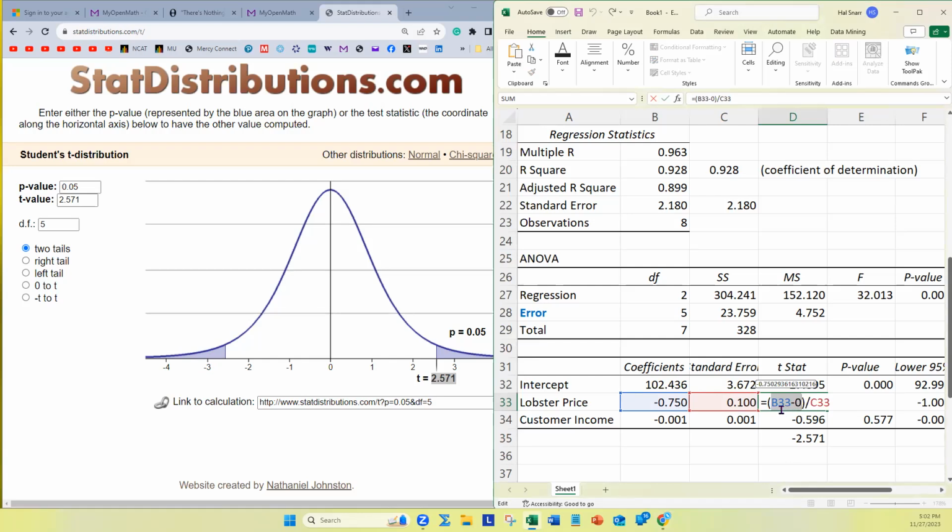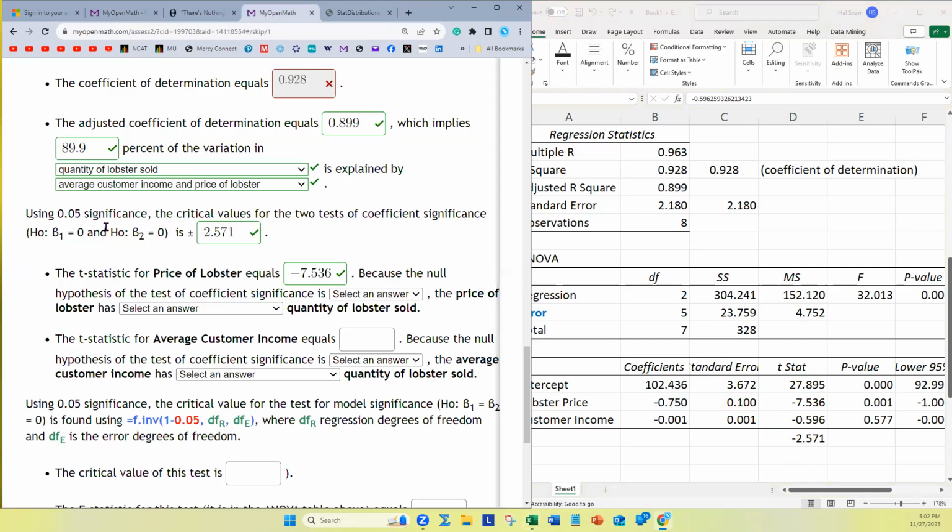Now, here's the catch. Here's the rub. Your estimated beta and 0 are going to be different. The probability that your estimate of beta and 0 are equal is 0.